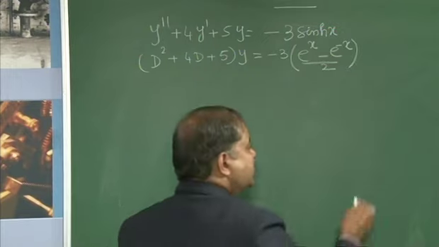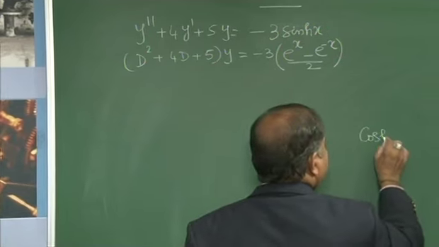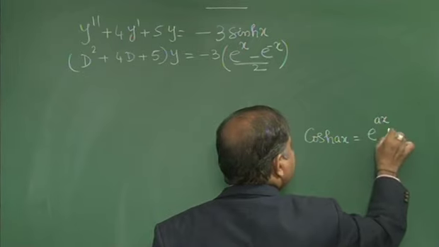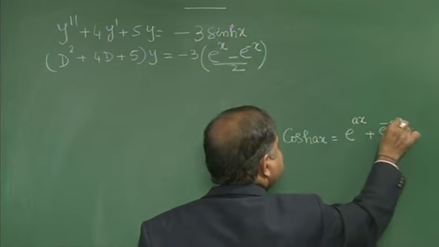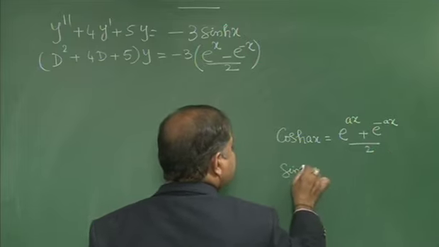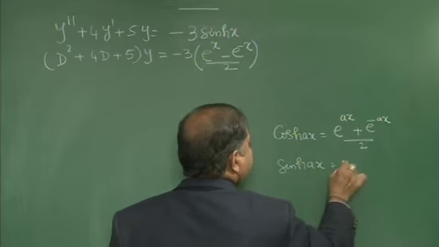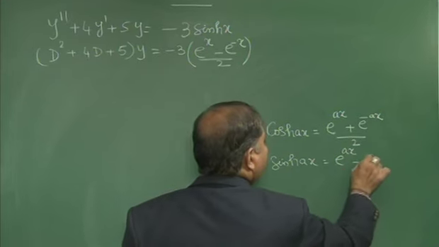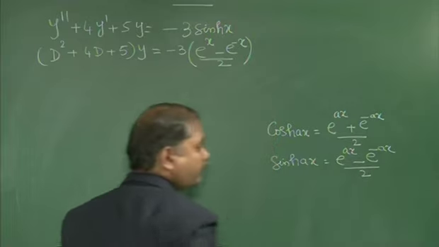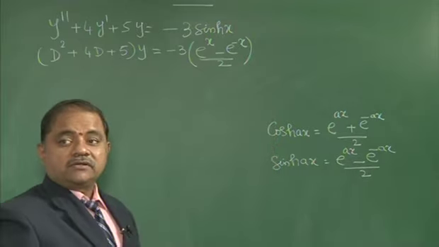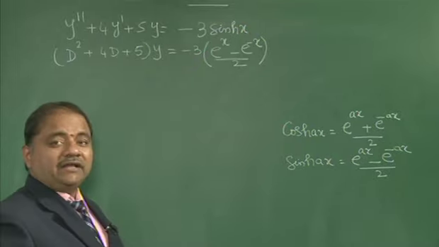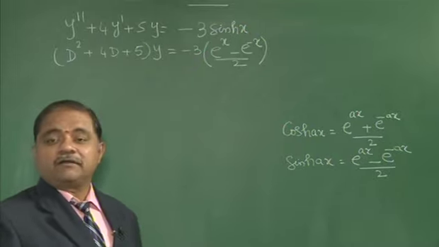See cos h ax, you can make a note of it if you want. Cos h ax is e power ax plus e power minus ax by 2. Sin h ax is e power ax minus e power minus ax by 2. These are the indirect forms. So I have taken a problem on sin hx, e power x minus e power minus x divided by 2.